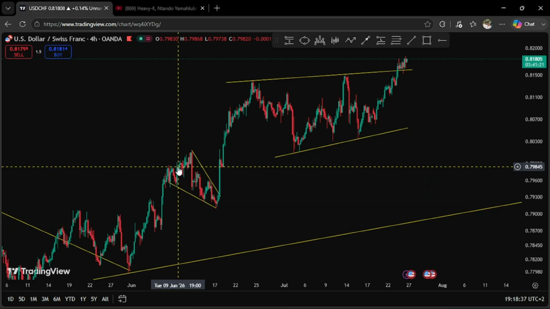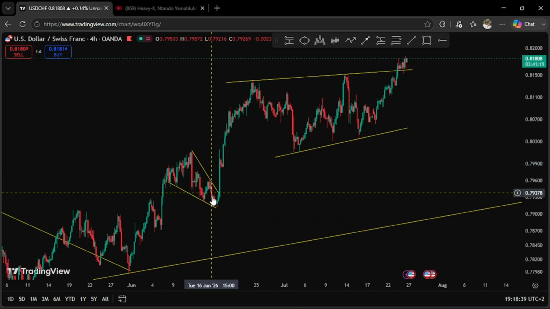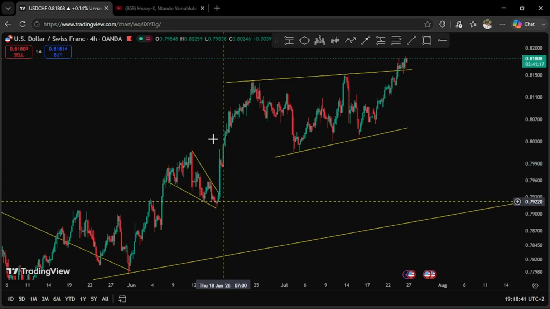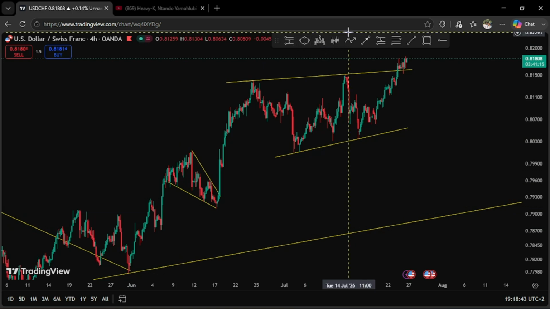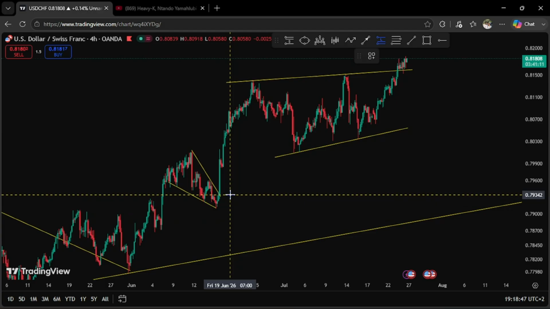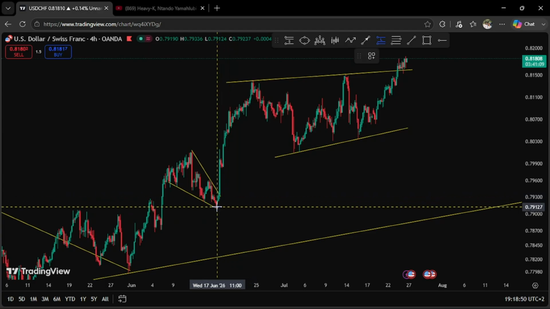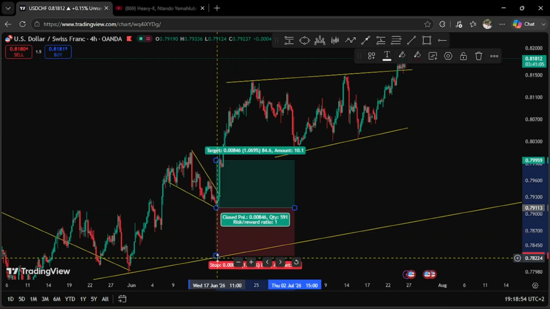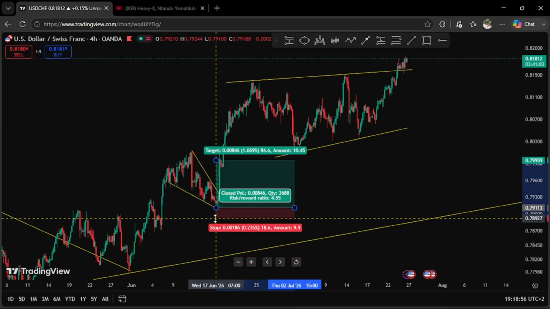You see this? So we had an impulse, a beautiful correction. You would have entered this one either way. Now in Falcon FX, the strategy itself has a reduced risk entry or the risk entry. So the risk entry will be here, something like this, and then I'll target, maybe, this.